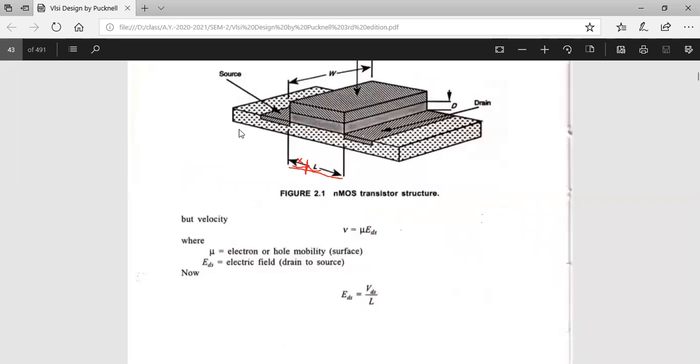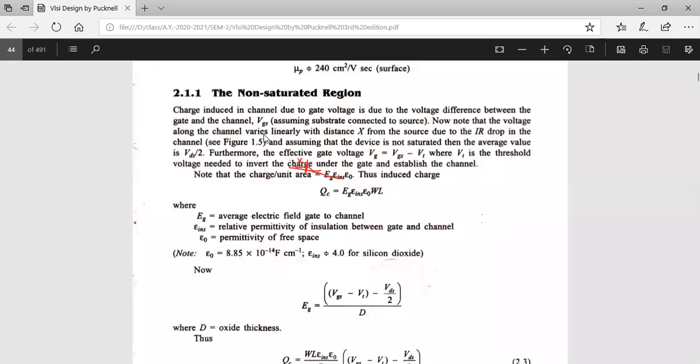Now, the voltage along the channel, assuming the device is not saturated, the average value will generally be VDS by 2.